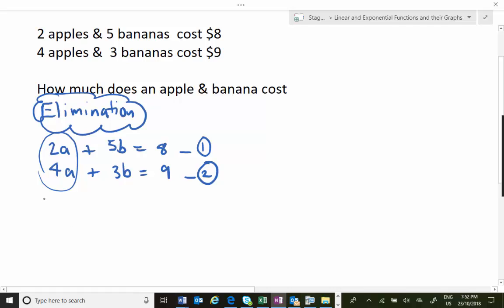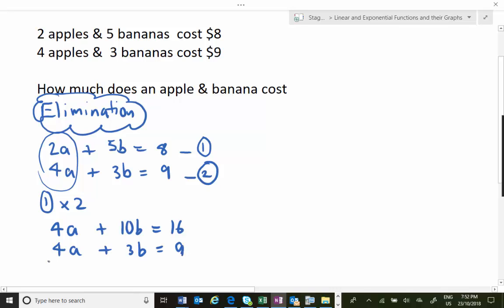So equation 1 times 2 gives 4a plus 10b equals 16. I have to times the whole equation by that. Equation number 2 is 4a plus 3b equals 9.